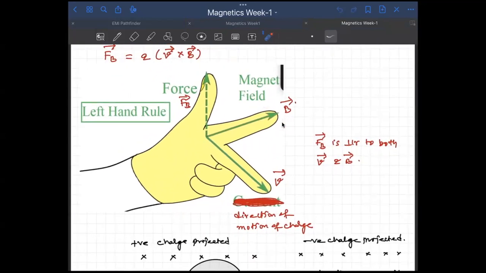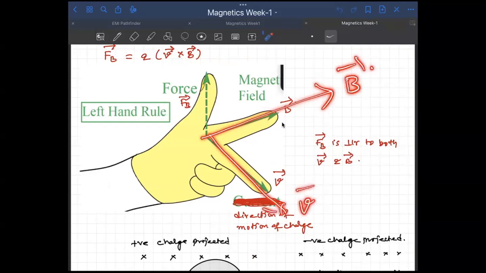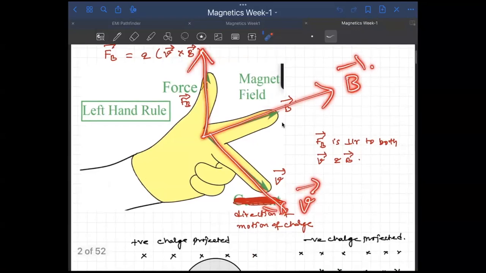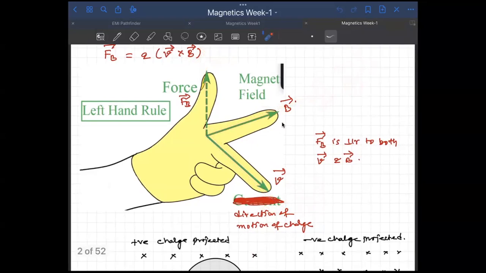You can see the left hand here. In this left hand, force acts in this direction. The first 3 fingers are stretched in 3 mutually perpendicular directions. If the pointing finger represents B bar, the central finger represents v bar, and v bar cross B bar is represented by the thumb.